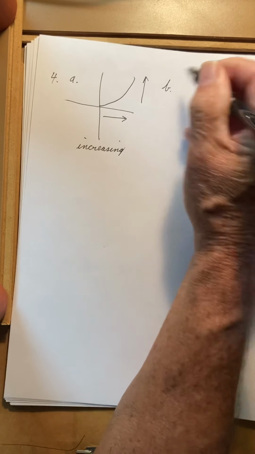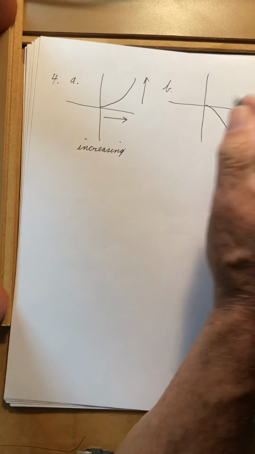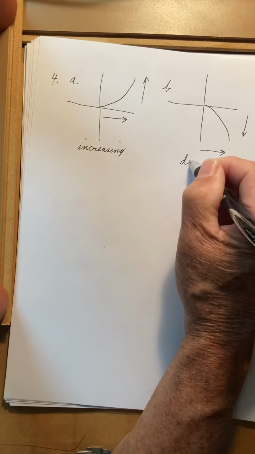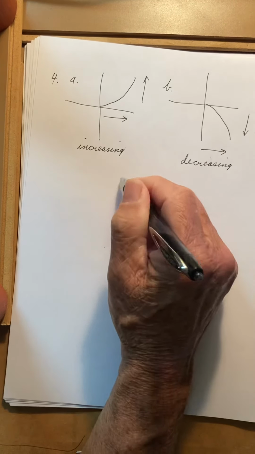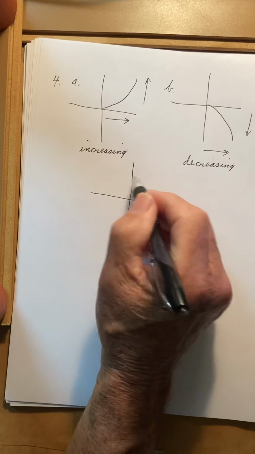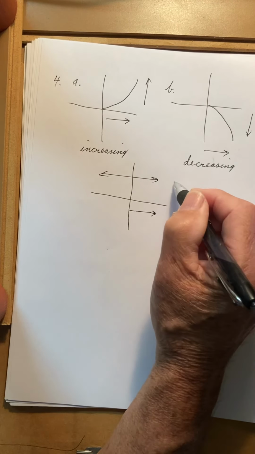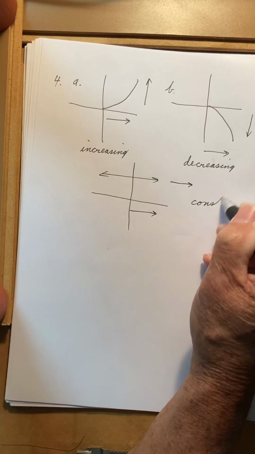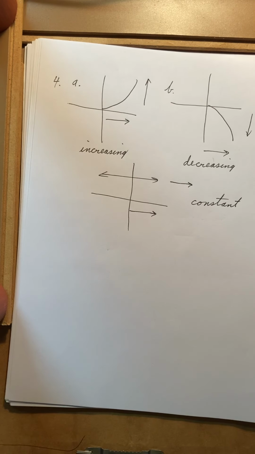On part B, we have this graph. As x increases, y goes down, so this is a decreasing function. And on the last one, as x increases, y stays the same, so this is a constant function. So either it's increasing, decreasing, or constant.